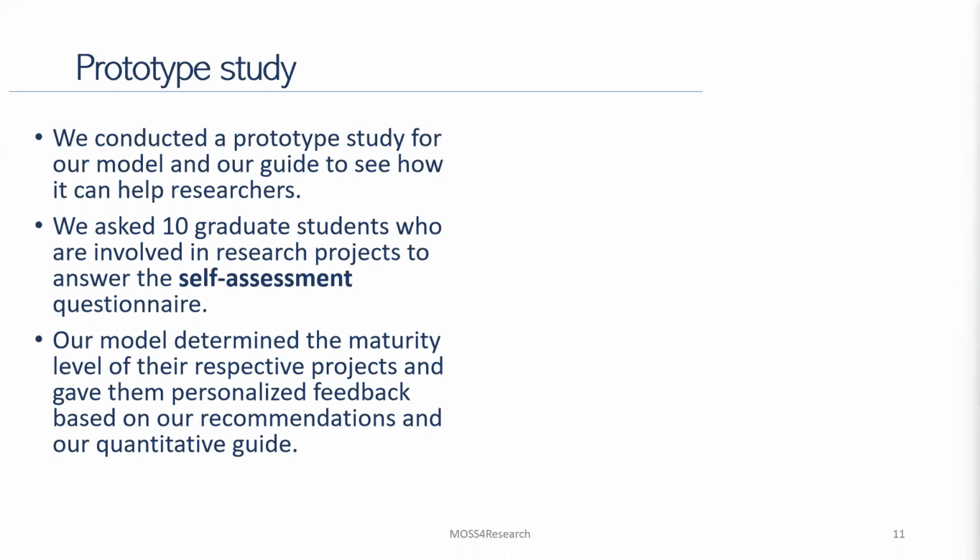I asked 10 graduate students who were involved in research projects at the time to answer the self-assessment questionnaire, and these students were coming from wet labs. The model determined the maturity level of their projects and gave them personalized feedback based on the recommendations and the quantitative guide we developed.